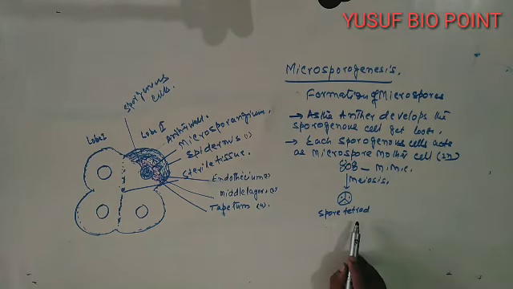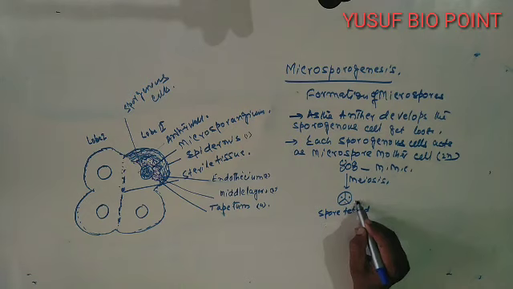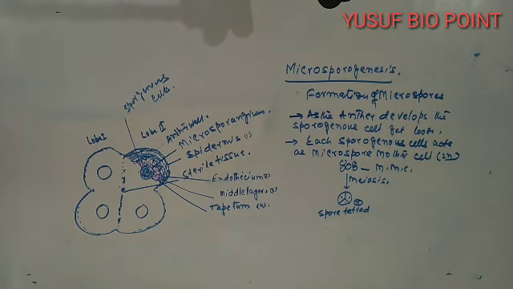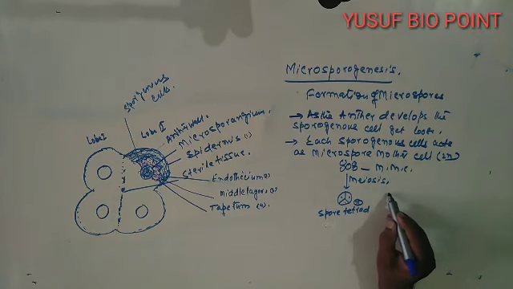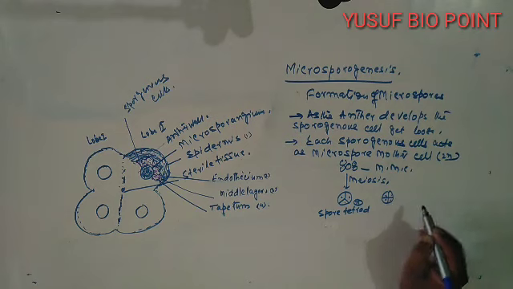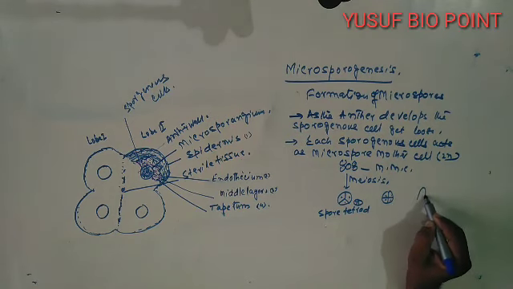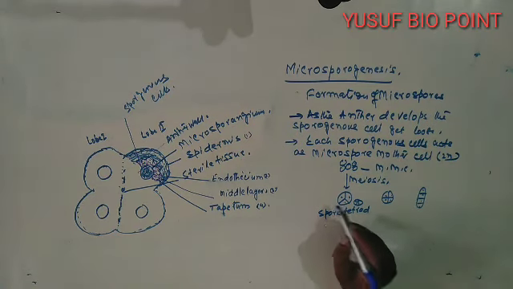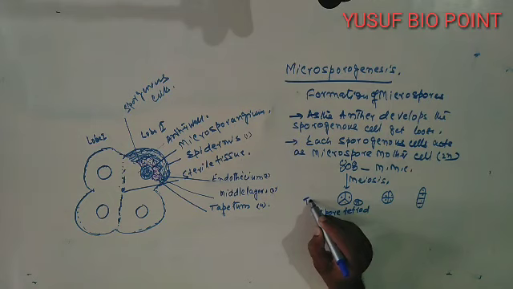So this is a spore tetrad of 4 cells, and this is haploid in nature. This spore tetrad may be of the following type. It is either of this type or of this type. This is known as tetrahedral type.